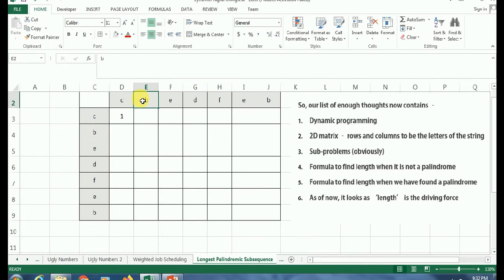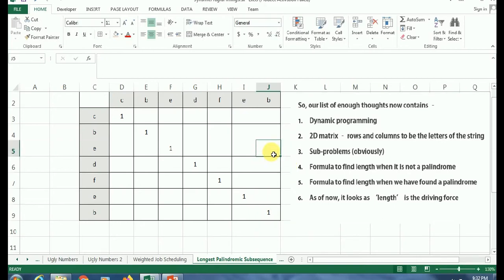When we are focusing on individual subproblems, it has to be B equivalent to B, which is this cell. So I'm going to put 1 over here. All right, here E is equal to E, so I'm going to put 1 over here. Similarly, I'm going to fill all these cells which are laid out diagonally with 1s. All right, so this makes our base case.